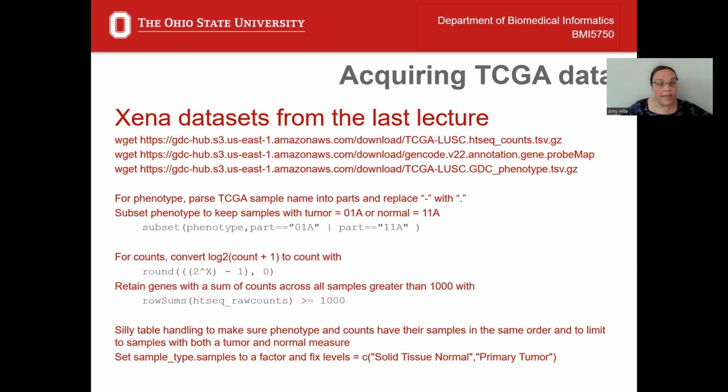And so I unlog this value, I subtract 1, and then I round it to 0 because this needs to be a whole number to be a count. DESeq2 will complain if it's not a whole number and not a count, because the assumption that DESeq2 makes is that the input is raw counts.